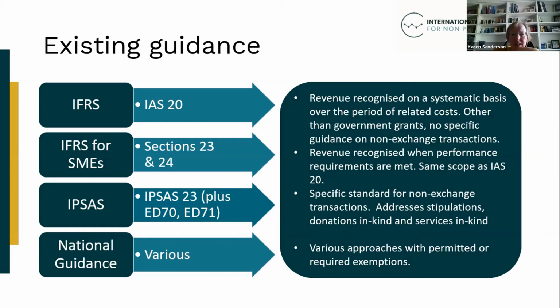Jurisdictions may permit or require exceptions to the general recognition and measurement requirements for revenue, primarily in respect of gifts in kind and services in kind. National standards include a number of provisions not included in the various international standards, specifically in respect of non-exchange revenue.